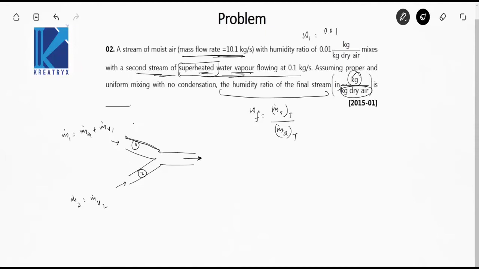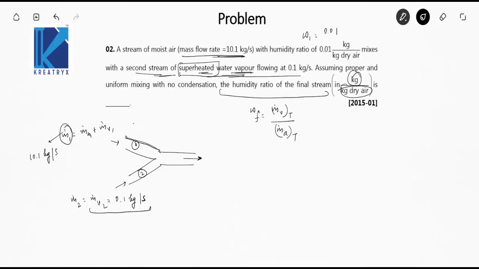Its value is 0.1 kilogram per second. So the mass flow rate of water vapor in the second stream is 0.1 kilogram per second, and here m dot 1 is 10.1 kilogram per second, which comprises dry air plus water vapor.